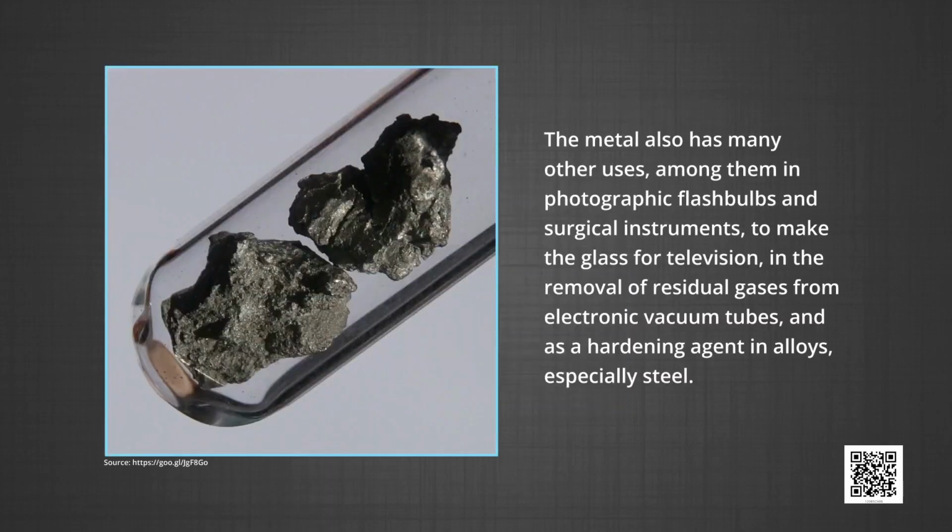The metal has many other uses, among them in photographic flash bulbs and surgical instruments, to make the glass for television, in the removal of residual gases from electronic vacuum tubes and as a hardening agent in alloys, especially steel.